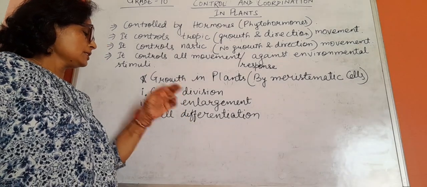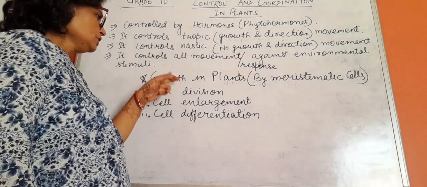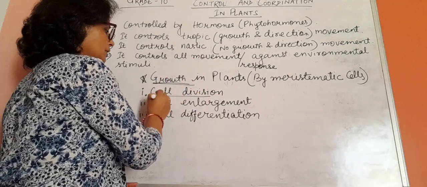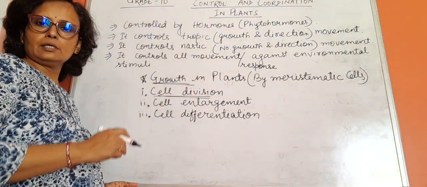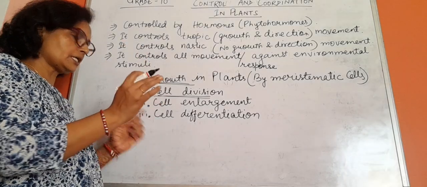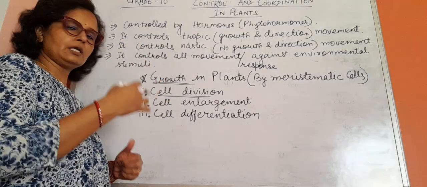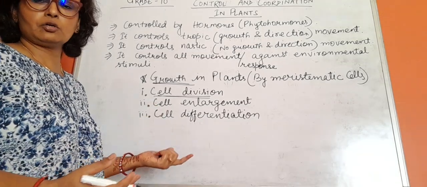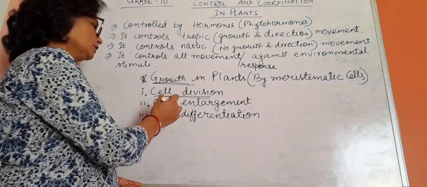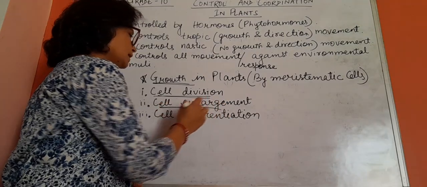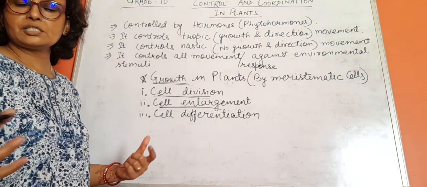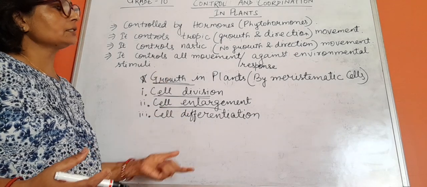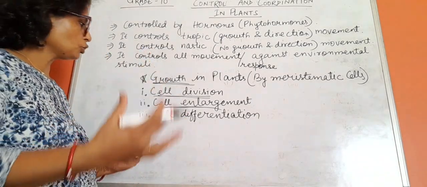Now the different kinds of growth that we can observe in a plant happen by cell division. After cell division the number of cells increases, the tissues increase, and then we can observe that the plant is growing. Then cell enlargement: various cells enlarge, and because of that the tissues enlarge and the full plant body grows.